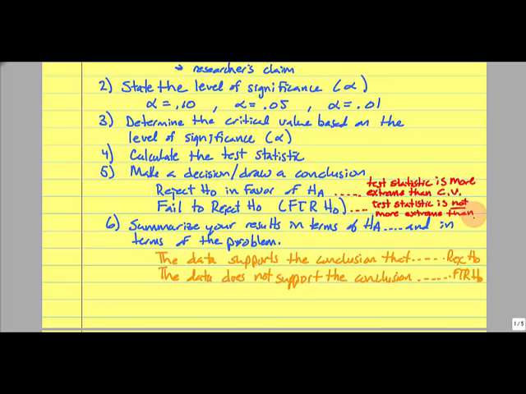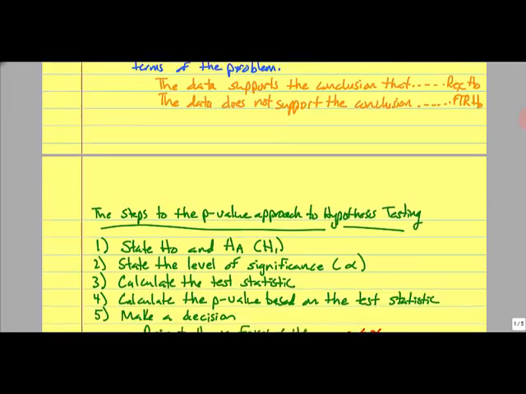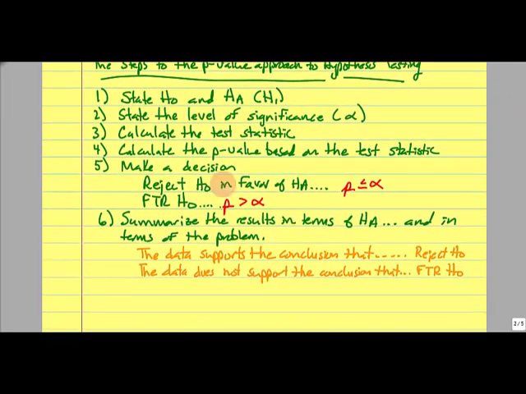And again, CV is critical value here. Okay? So the only thing that this is telling me is I'm more or less. Down here, the p-value gives me an idea of how close I was because I actually can calculate this value p to compare to alpha. But again, these don't make a lot of sense until we start working some problems.